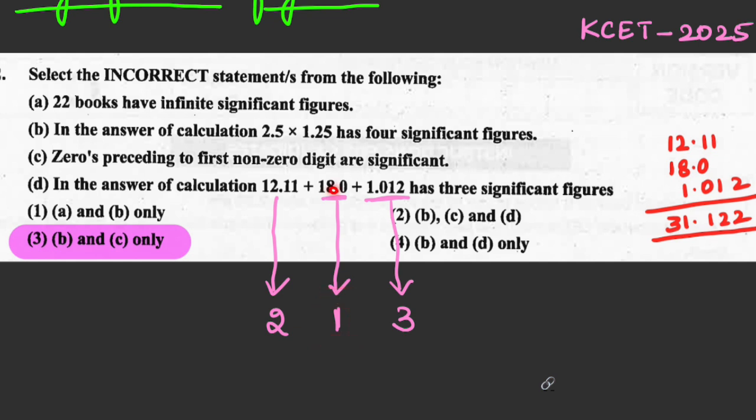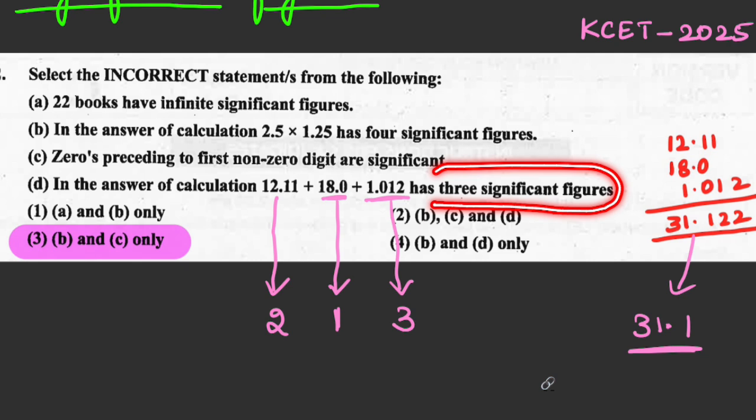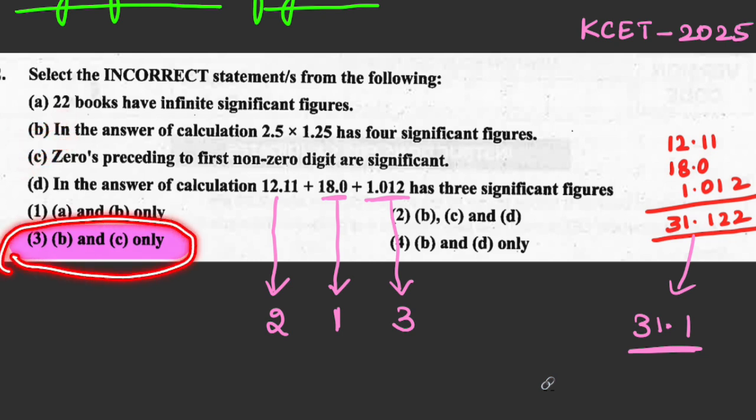Meaning after the decimal we should have only one number in the answer. So the answer here should be 31.1. How many significant figures are there in this? Count 1, 2, 3. There are 3 significant figures. So here it is given that it has 3 significant figures, which is correct. So the incorrect statements are B and C. So the third option, B and C only, is the correct option.